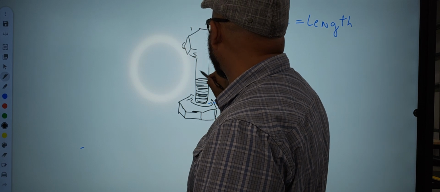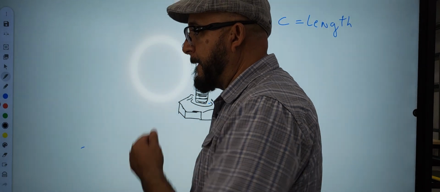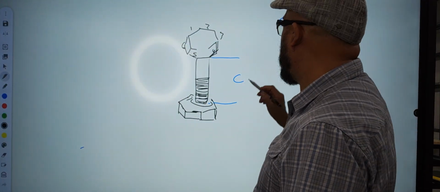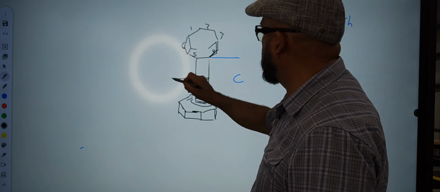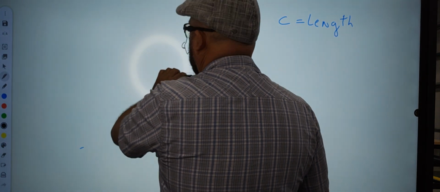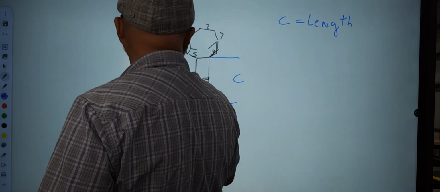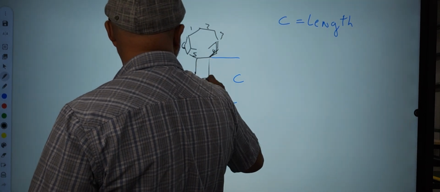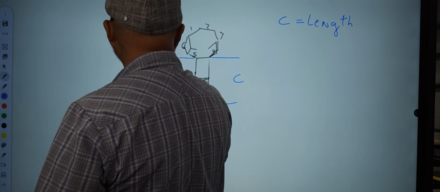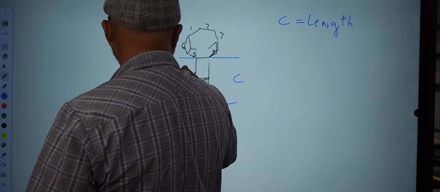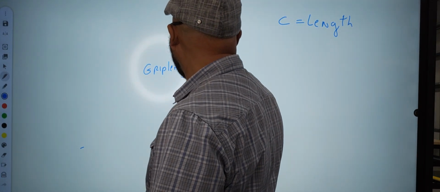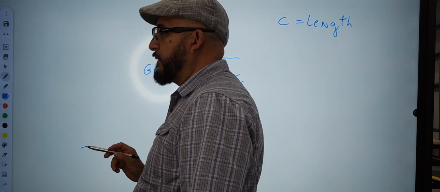These are the threads, and then there's nothing in here. That area is called the grip length of this bolt. So from here to here, grip length.